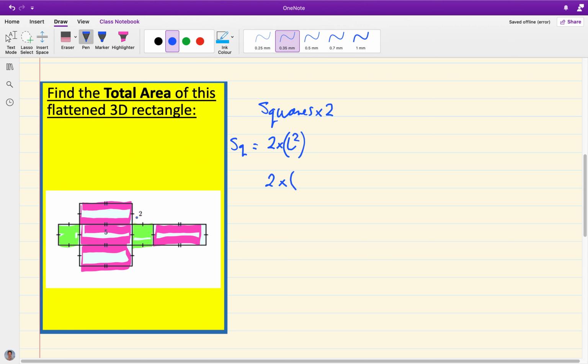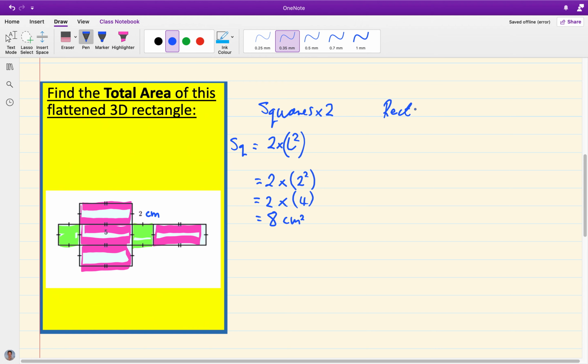So the length of these squares is 2. 2 times 2 squared, which is 4. And 2 times 4, oops, I'll get that there, is equal to 8. Okay, so let's give it a unit, for instance, let's make them centimeters, and so that will be 8 centimeters square.